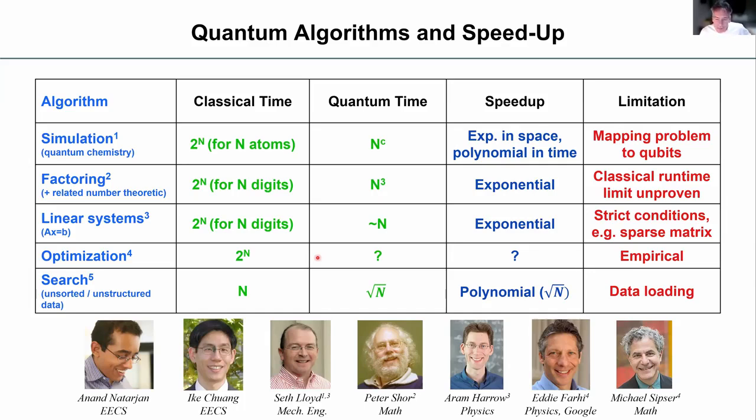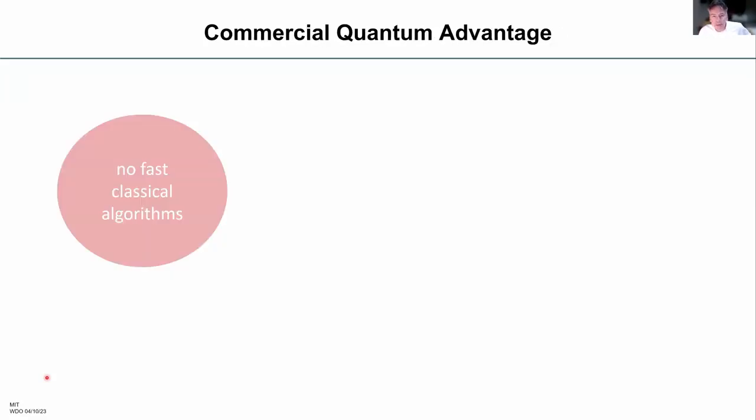Any one that gets me home within 5 or 10 minutes, if it takes me an hour, they're all good enough. And because of that ambiguity, this improvement is listed here as a question mark. And then finally, search algorithms like Grover's algorithm, we know provide a quadratic speedup. And listed here at the bottom, I should have mentioned, are many of my colleagues here at MIT who've really made this happen.